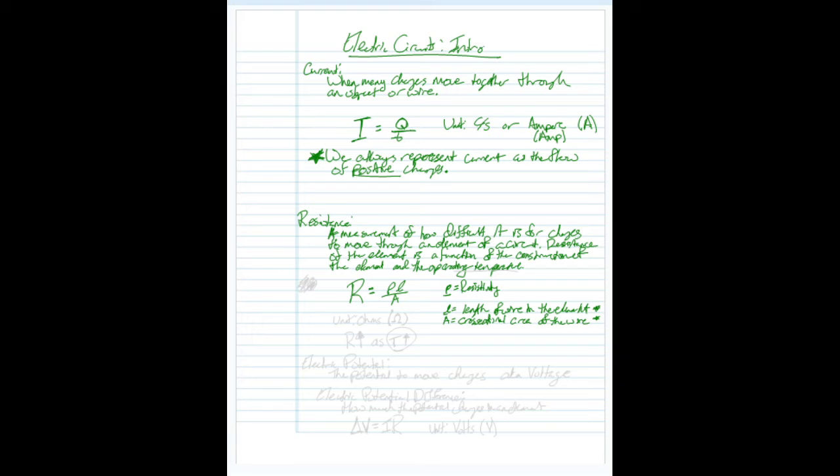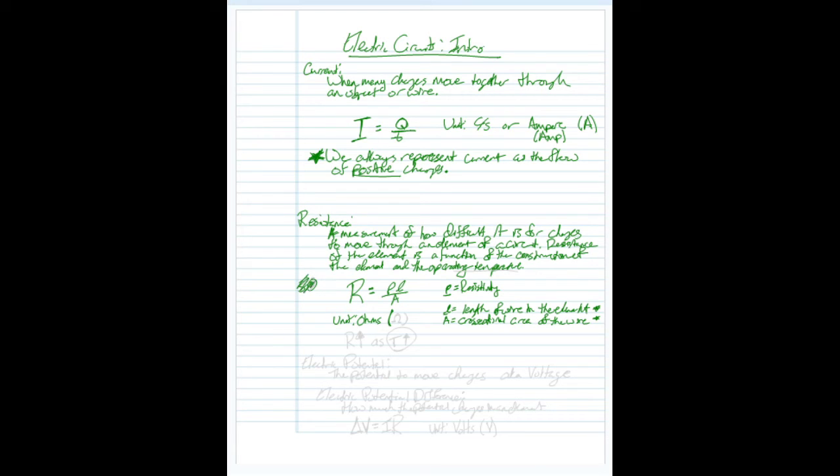The unit that we are going to use for resistance is called the ohm. It's named after a guy who did a lot of work. We're going to talk about his law later. And we're not going to abbreviate with the letter O. The letter O looks too much like a 0. We don't want to say 50 and think that's 50.